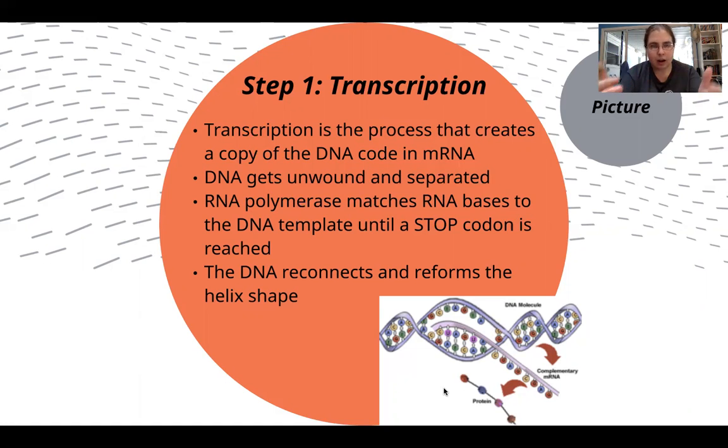So the RNA polymerase matches up the RNA bases to the DNA template, again going off Chargaff's rule, putting the complementary bases together until a stop codon is reached. Once the stop codon is reached, the DNA is going to separate from the new RNA. The DNA is going to reconnect with itself, reform those hydrogen bonds, and retwist back up into its helical shape.